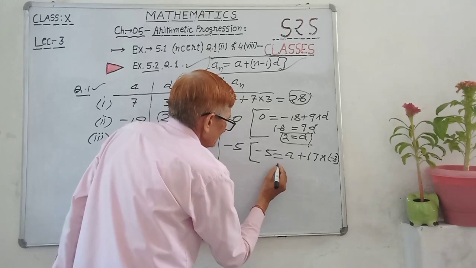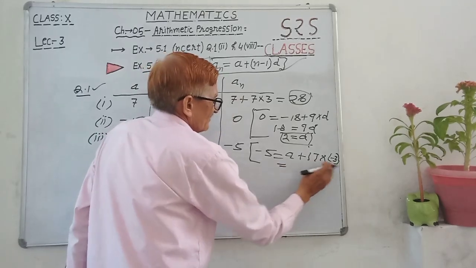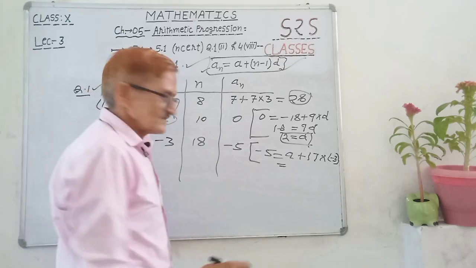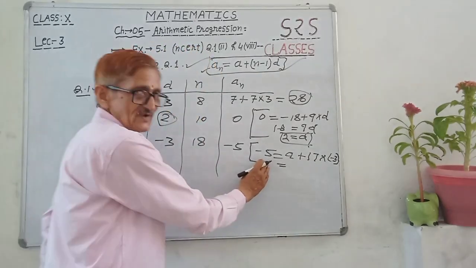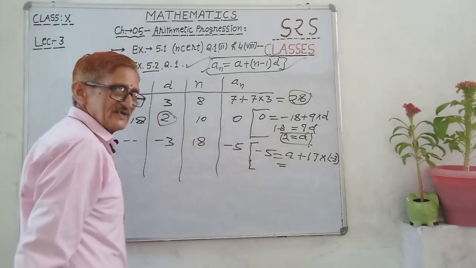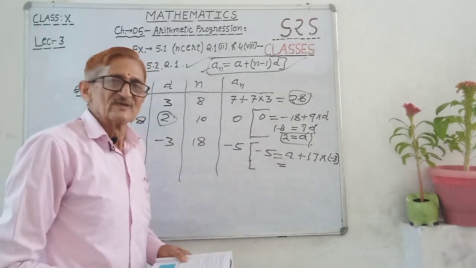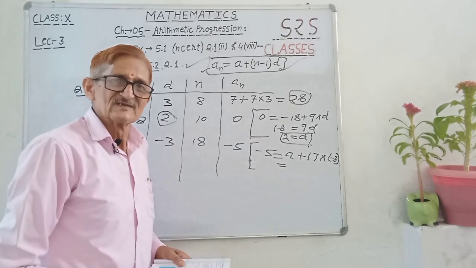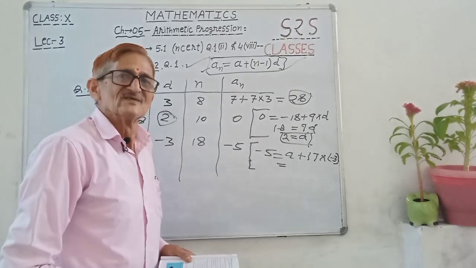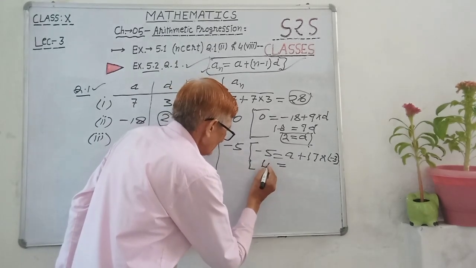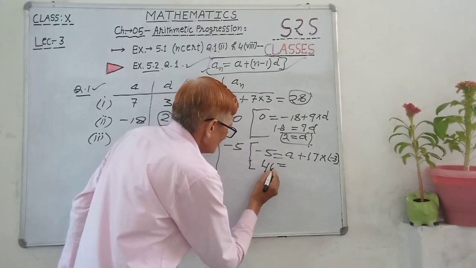Solve this. 17 times 3 is 51. Minus 51 will come as plus 51, plus 51 and it is minus 5. So 51 minus 5 is 46.